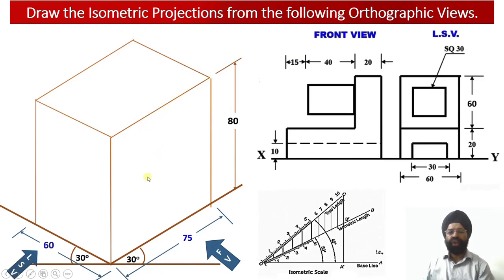Now we have to draw the bottom face of this particular solid. In order to draw the bottom of the solid, another isometric edge measuring 80 millimeter has been drawn parallel to the y-axis, and one more isometric edge has been drawn measuring 60 millimeter parallel to the x-axis, and finally this isometric edge measuring 75 millimeter has been drawn from this point, and this edge happens to be parallel to the z-axis.